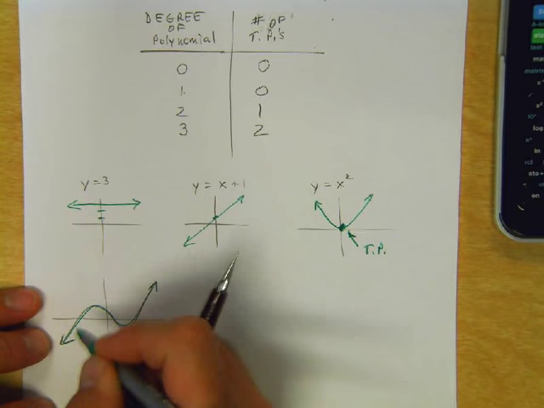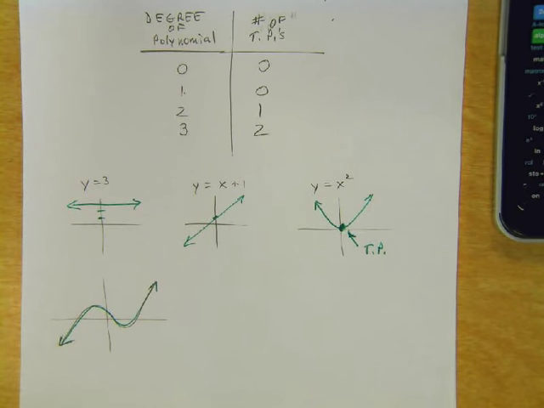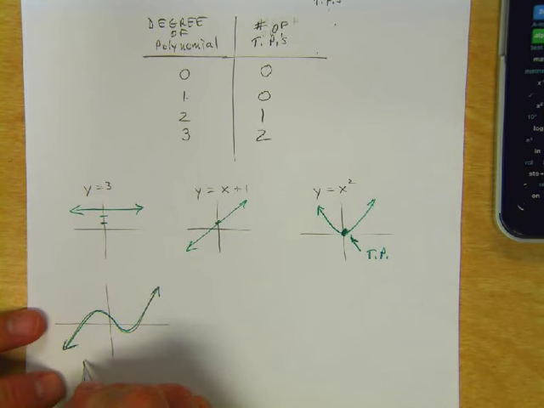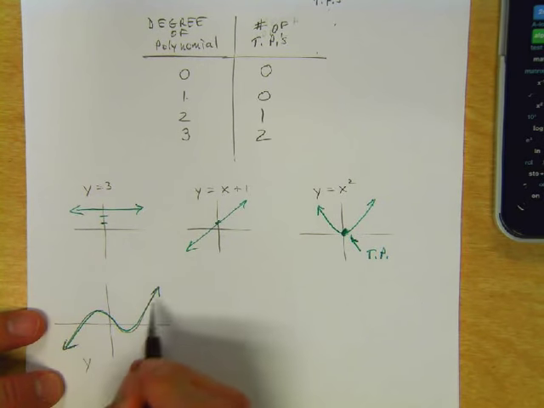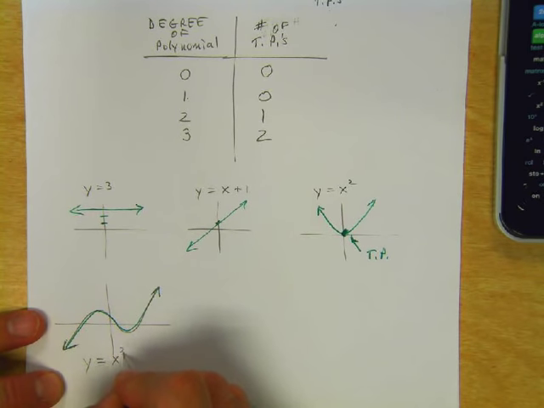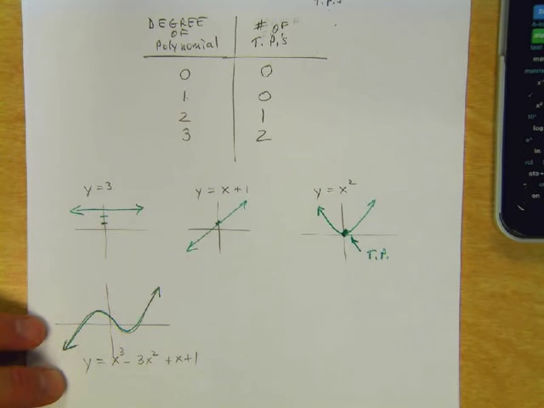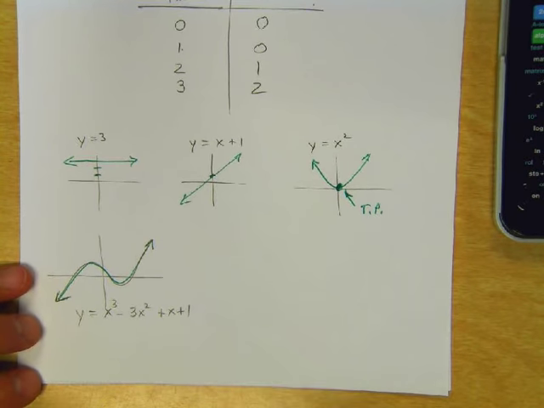I guess I should have used green. Now, I'm going to write an equation here. This that I sketched right here could be represented by y equals x cubed minus 3x squared plus x plus 1.